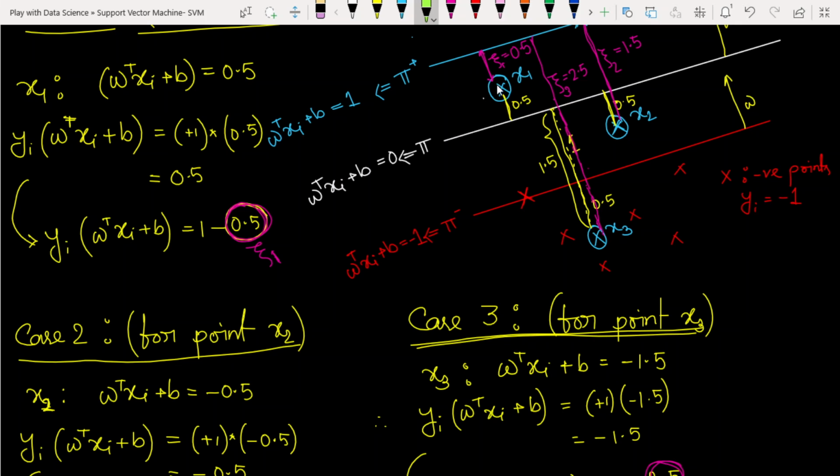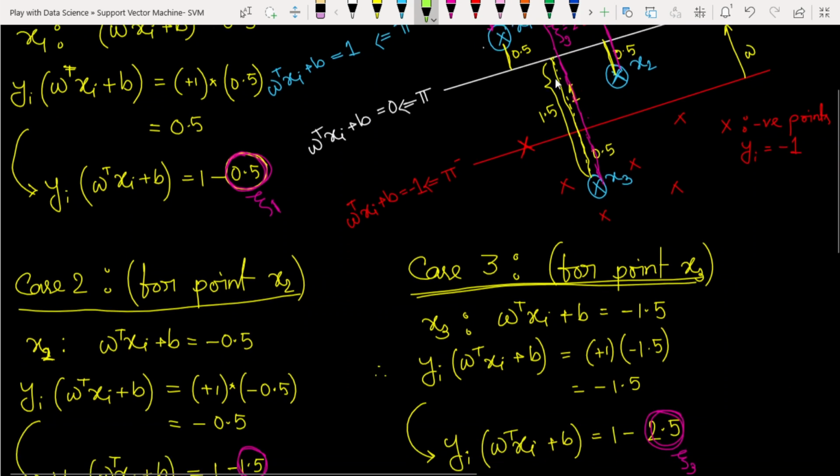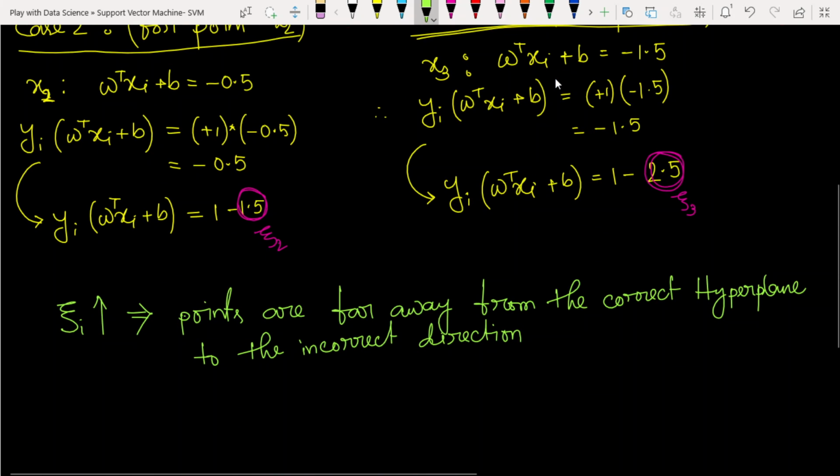So for x1 zeta 1 value is 0.5, for x2 zeta 2 value is 1.5, for x3 zeta 3's value is 2.5. So as zeta's value increases, the misclassified point moves further away from our correct hyperplane in the incorrect direction. Okay, simple, here we are using this trick.